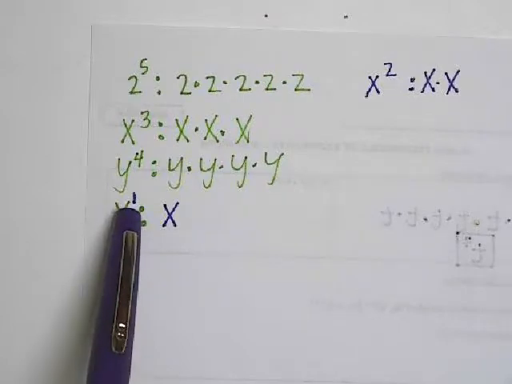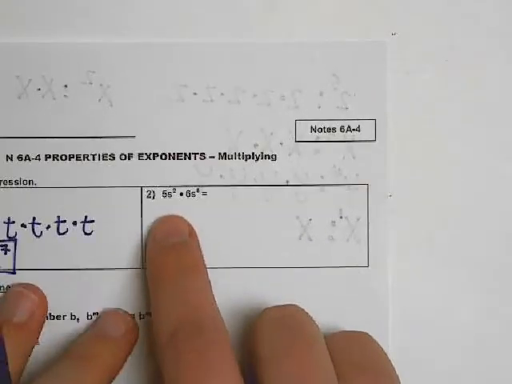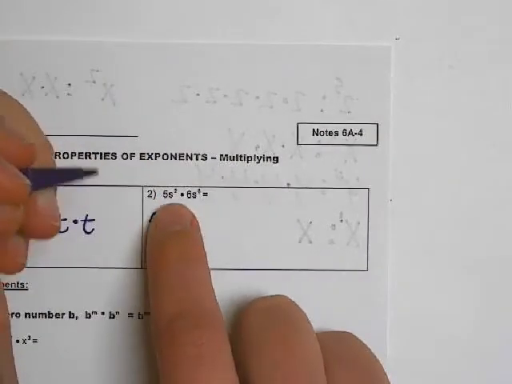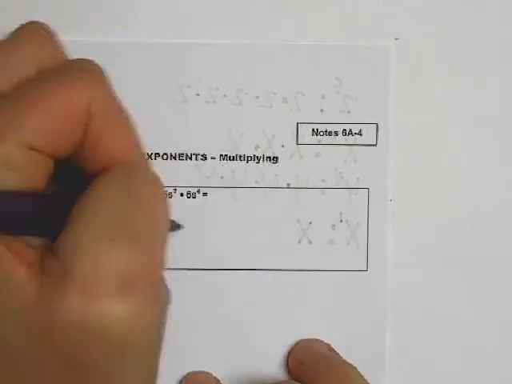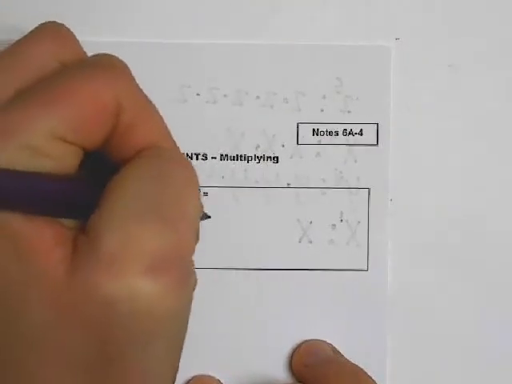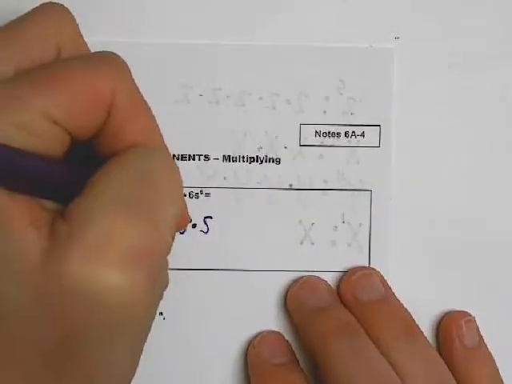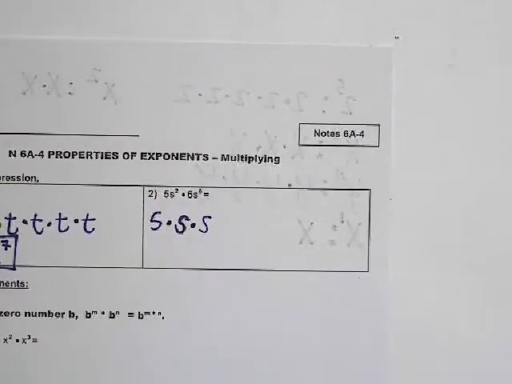1. Okay. So how many 5's do I have in this problem? Just one 5. Times 2 s's. I've got 2 s's. So everybody write 5 times s times s. Good. That 2 goes with the s, not with the 5.